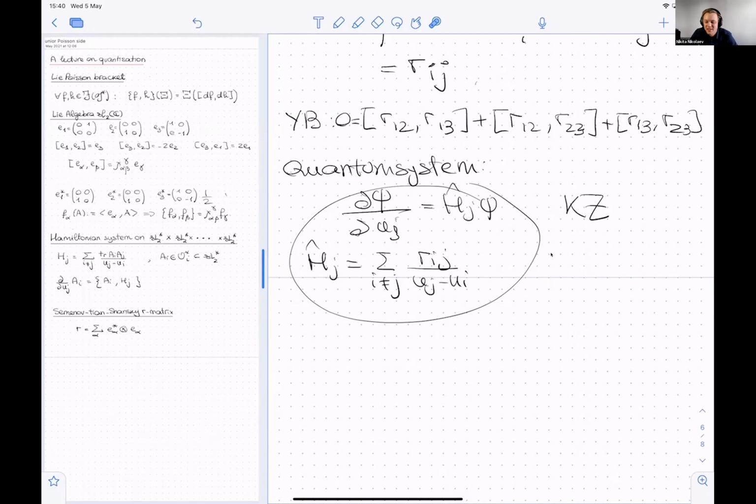Does anyone have any other questions? Well, if no one has a clever question, I have a silly one. When you showed us the SL2 example, and you said, let's do this quantization more formally, you left an exercise to us.